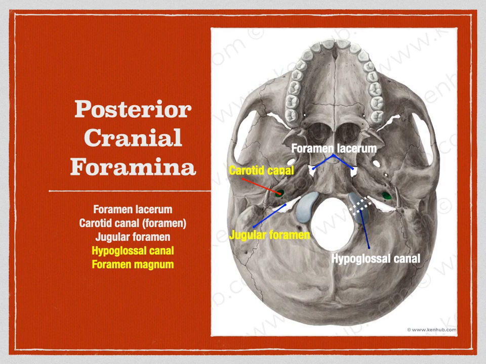You can't miss that one. But the hypoglossal canal is a little bit hard to see because it runs horizontally through the bone. You have to have a unique sort of view to see where that is. So here are the 5 openings from the outside that you'd want to be able to identify on the posterior part of the cranium.